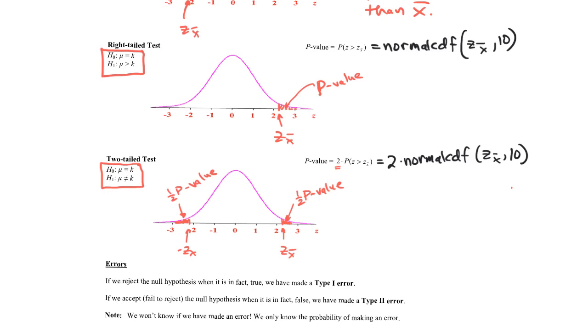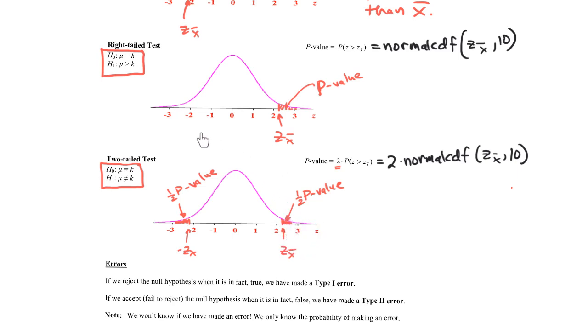And this right here, this thing, is finding this right tail, and then we double it because we also need the left tail. I could have also found this. So this would say negative 10, comma, negative z sub x bar, and then double that. But it's just easier to deal with the positive numbers like this.